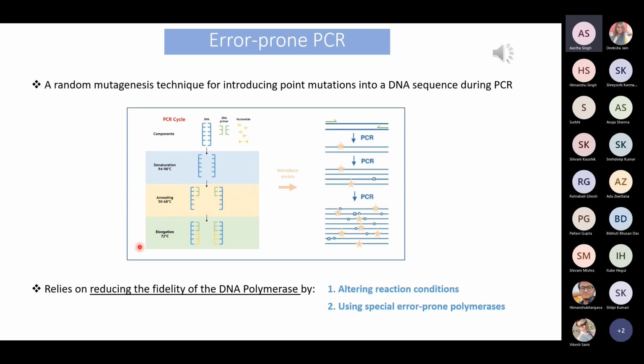When the PCR method is utilized for the introduction of point mutations into the DNA sequence, it is known as error-prone PCR. Error-prone PCR basically relies on reducing the accuracy of the DNA polymerase used, and this can be done via two methods, either by altering the reaction conditions or by using specific error-prone polymerases in our reaction. I'll be explaining this in a little more detail in the next slide.